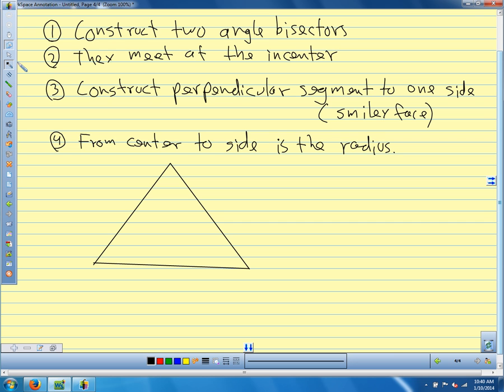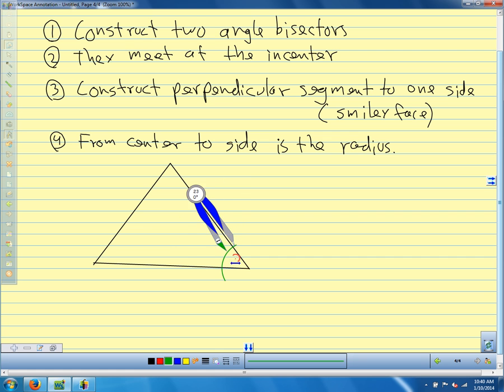All right, so let's start by constructing two angle bisectors. So I grab my compass. The angle bisector construction is the one where we start by drawing an arc across the angle. Then we move the compass. We put our point where the arc goes across the side. Make sure our compass is open more than halfway across the angle.